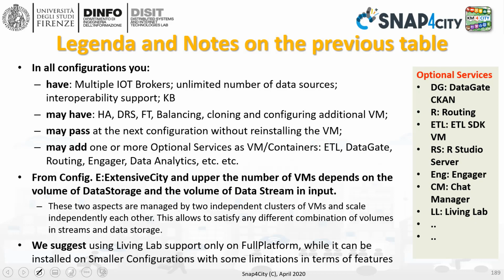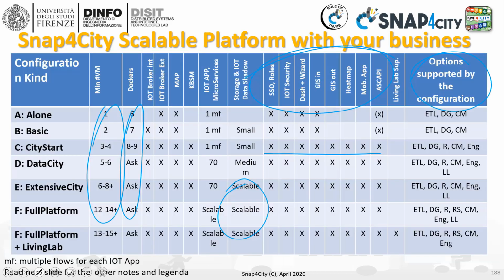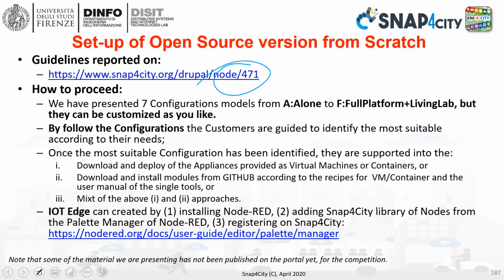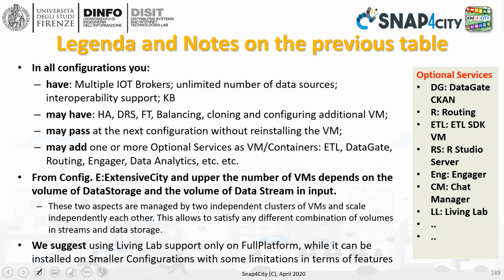While in a lower configuration from A to D, you don't have a scalable capability in terms of process, and so you need to put the hand in your configuration. But this is not a problem typically if you have a small solution.